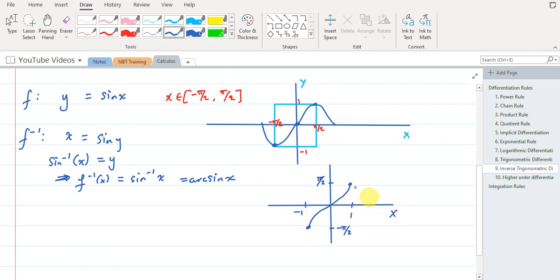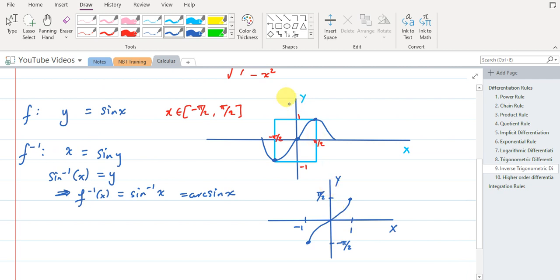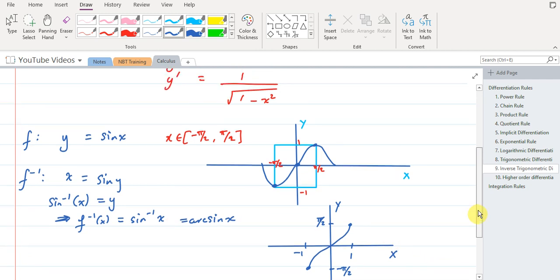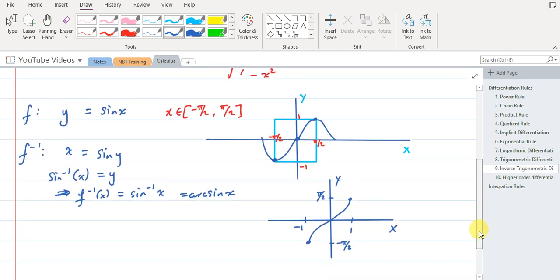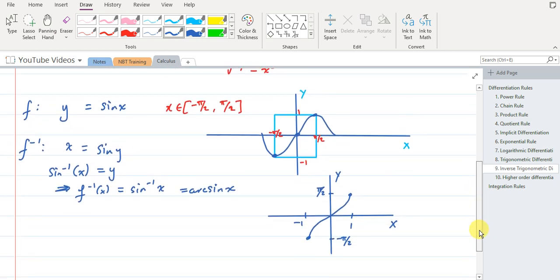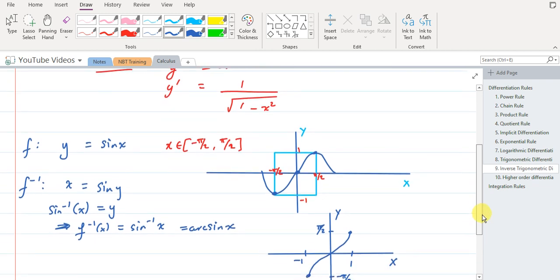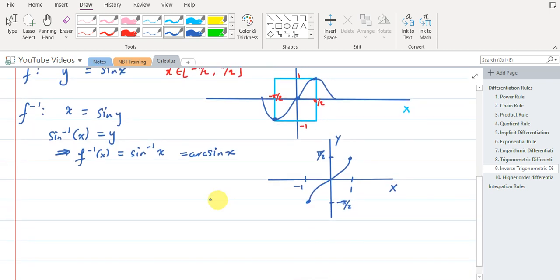That's the x-axis, and that's the y-axis, and you can see this is a reflection about the line y is equal to x. So that's the arc sine x graph. Similarly you will have an arc cos x graph, where you need to make the function 1 to 1 with a restricted cos graph, and then an arc tan graph.